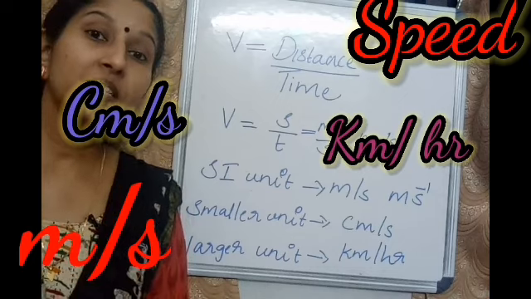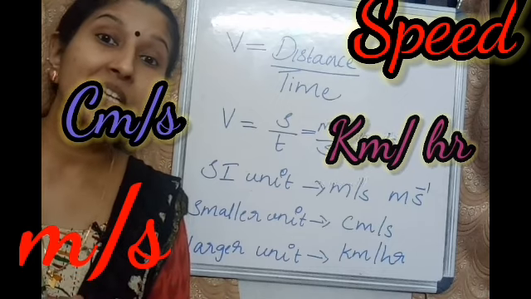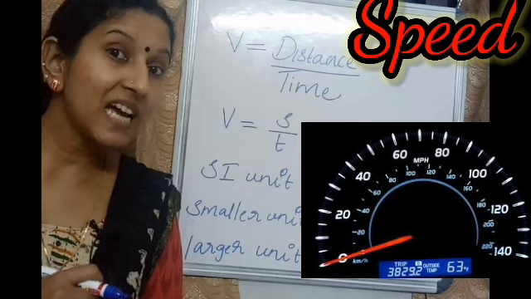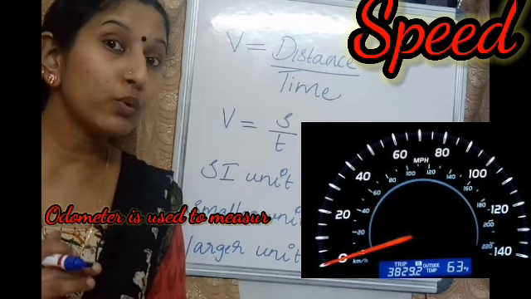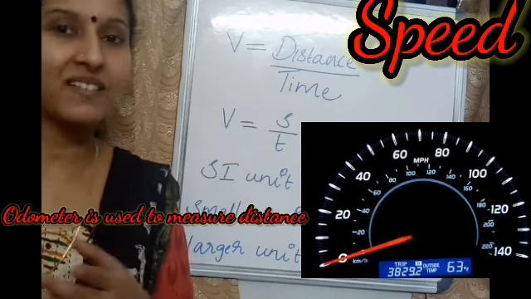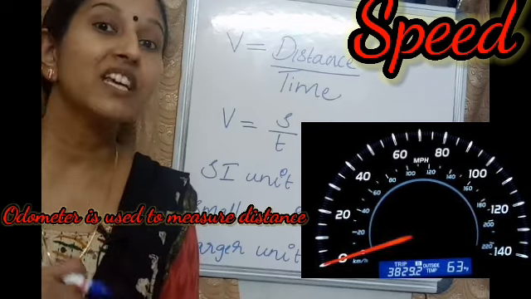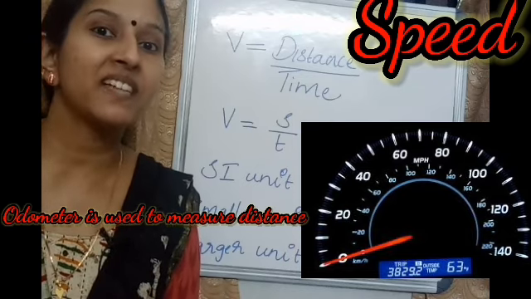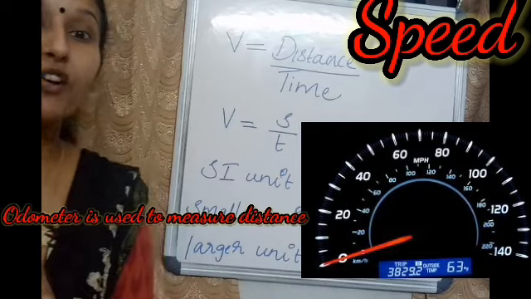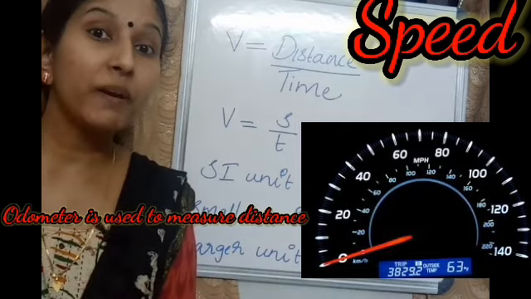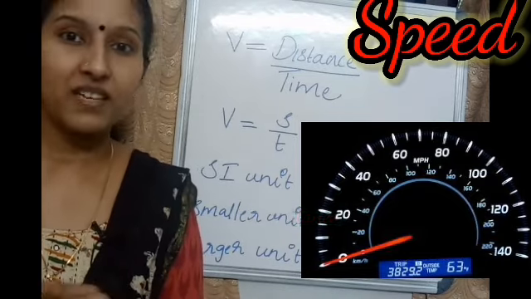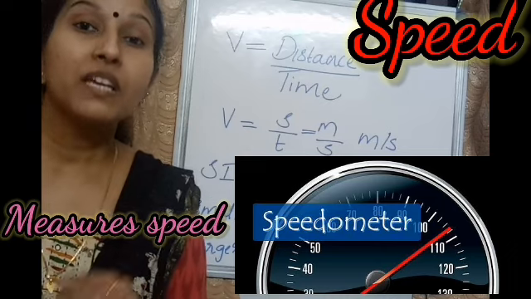Okay, guys, what is odometer? Odometer is the device which we use to measure the distance. So what is the use of odometer in vehicles? Odometer gives the distance. And what about speedometer?